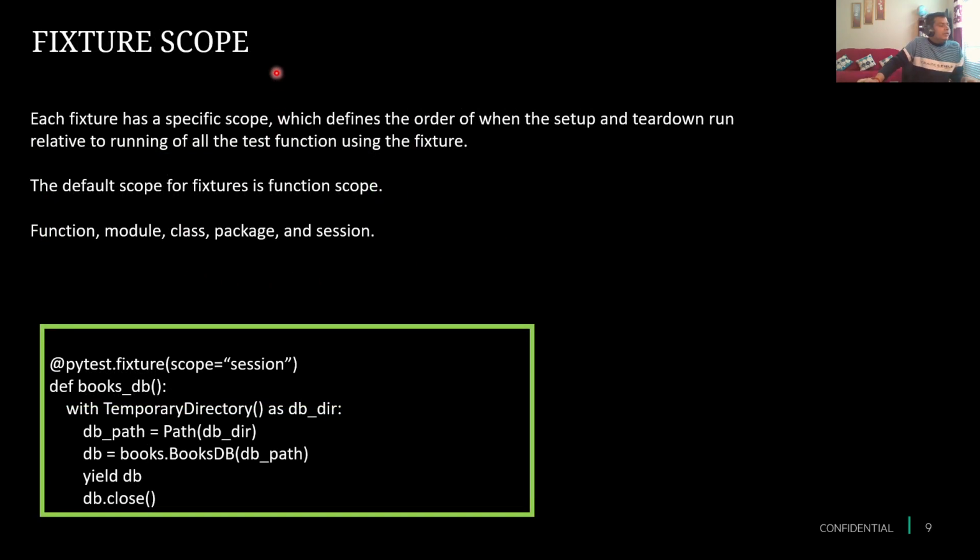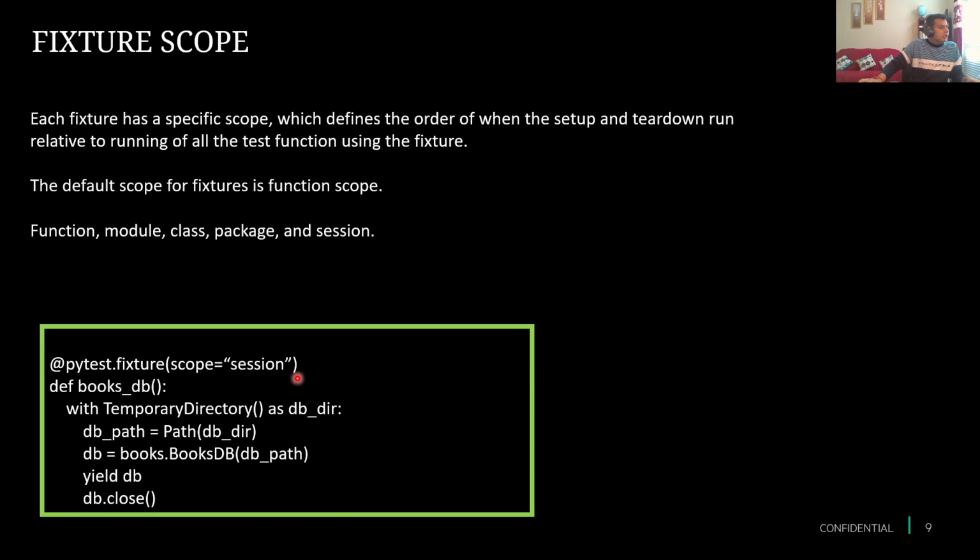As we say, scope is going to help us drive our fixture: how many times the fixture should be called, how frequently, and when. It is defined in this particular scope. By default, if we are not mentioning the scope, it is function. But we can mention function, module, class, package, or session.